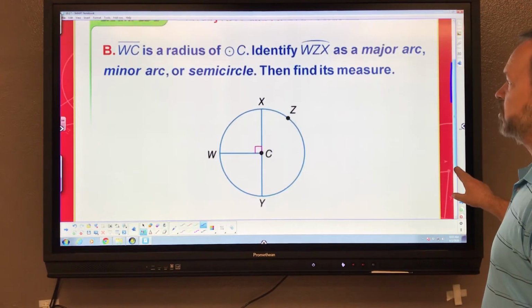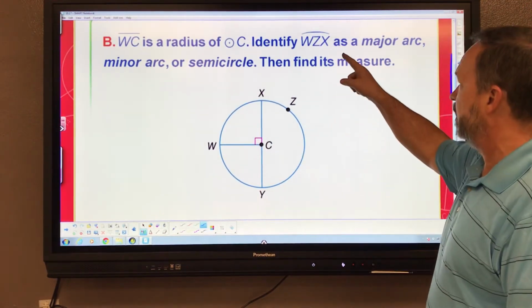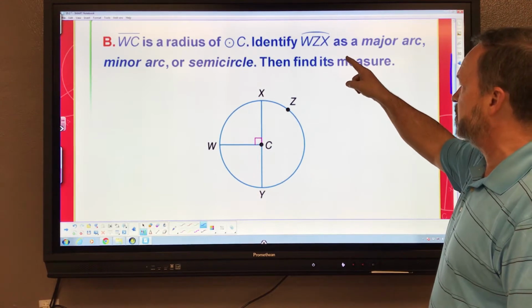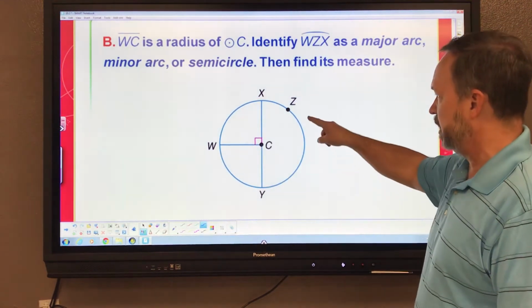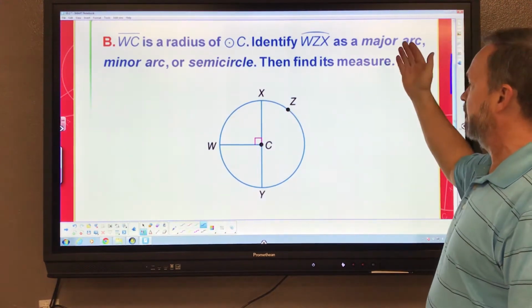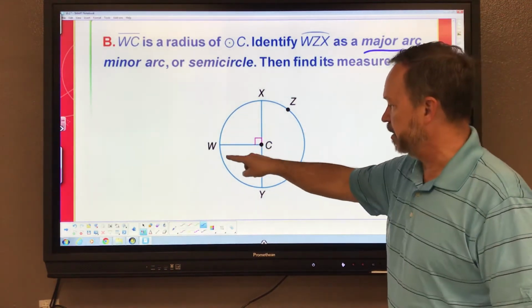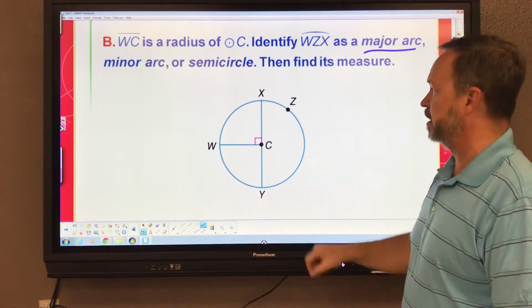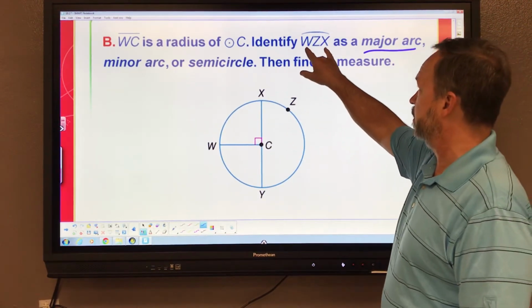Another problem here says WC is a radius, same instruction. It says identify arc WZX. So WZX. It's a minor arc, isn't it? I mean a major arc. It's a major arc, WZX. It's major. It's not the shortest, it's the longest distance between those two.